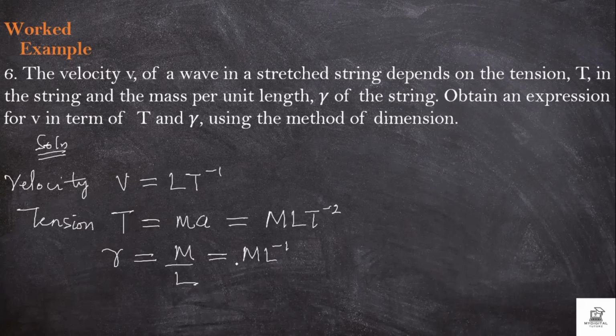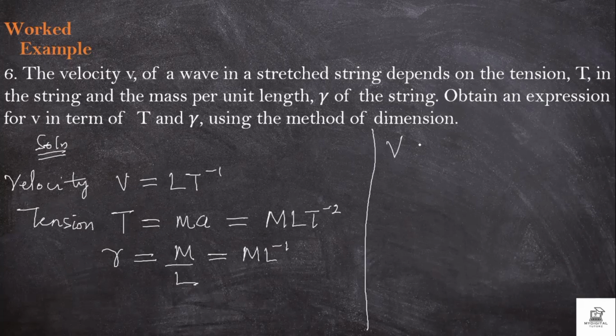So the question says that we should obtain an expression for V in terms of T, which is tension, and the mass per unit length using the method of dimension. So in order to solve this, remember the question said that the velocity is dependent on the tension and the gamma.